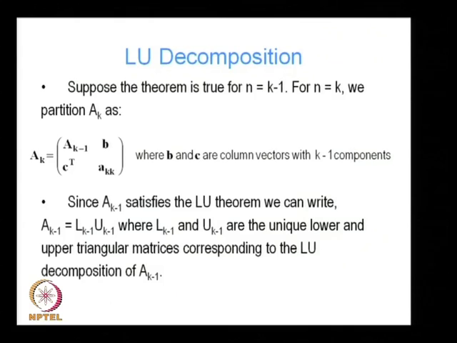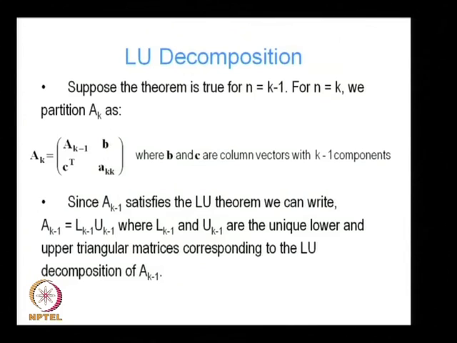Now, suppose the theorem is true for n equal to k minus 1, for any k. Then for n equal to k, we can partition Ak into the following. Ak can be written with A k minus 1, denoting the part formed by the intersection of the first k minus 1 rows and k minus 1 columns of my original matrix, and the remaining part, B and C, comprising vectors with k minus 1 components.